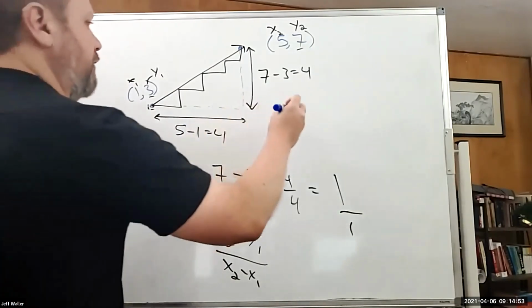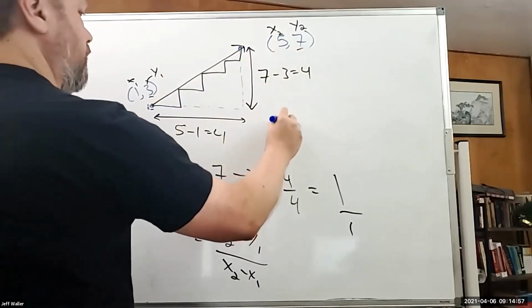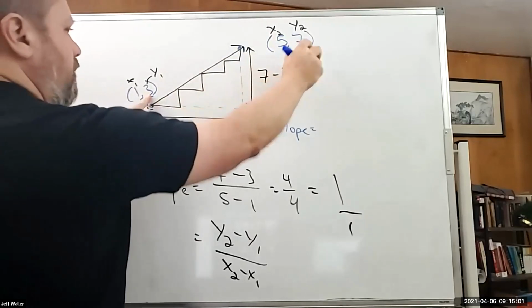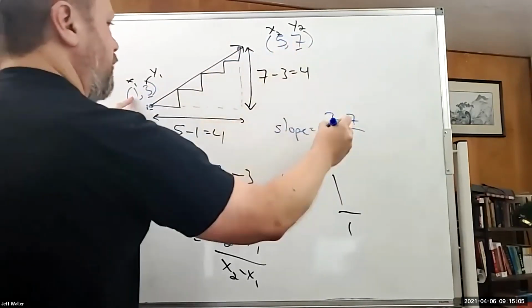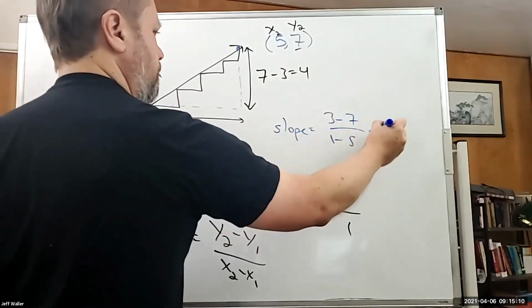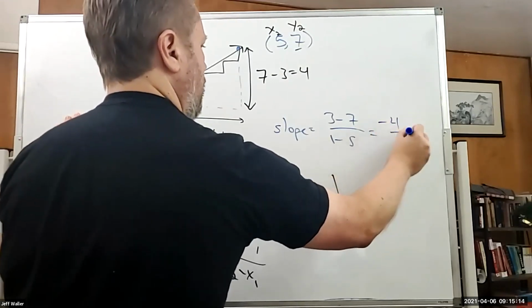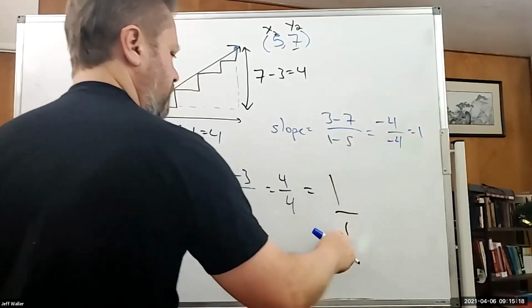So if I figured out this slope the other way, by doing 3 minus 7 divided by 1 minus 5, what's 3 minus 7? -4. What's 1 minus 5? -4, yes. Same.